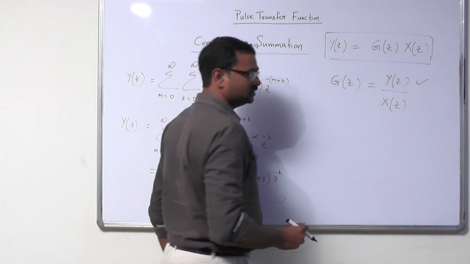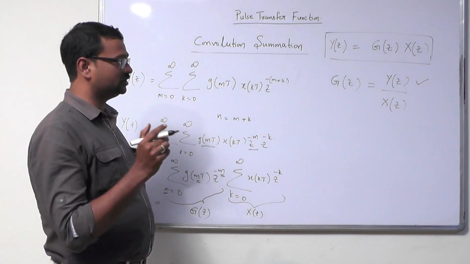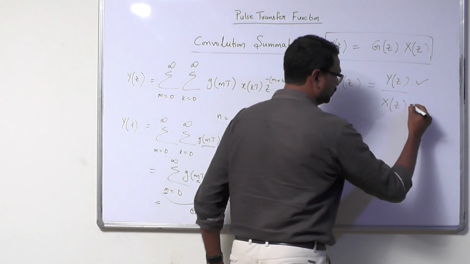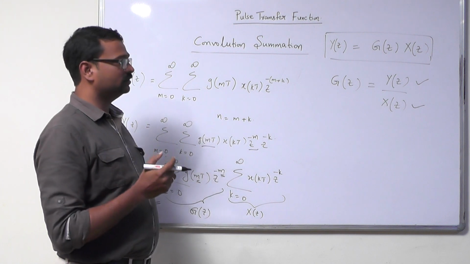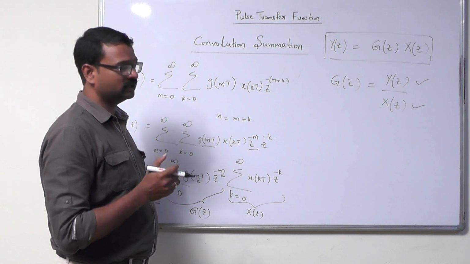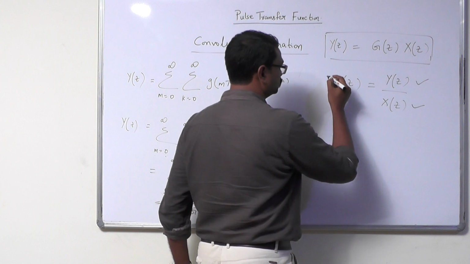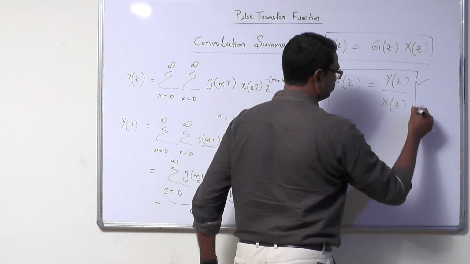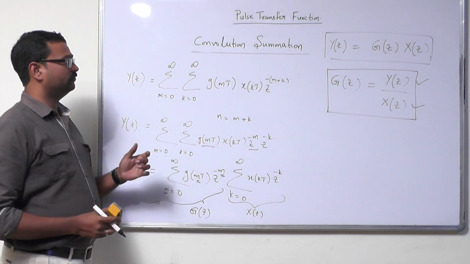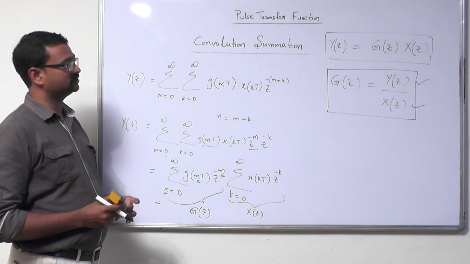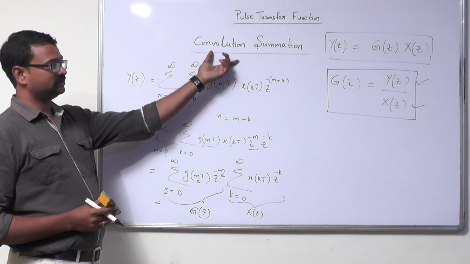This is the z transform of y of t, which is the output of the system, and x of z is the z transform of x of t, which is the input of the system, the continuous time system. Right. So g of z is equal to y of z by x of z is what we have found out from this pulse transfer function using convolution summation.